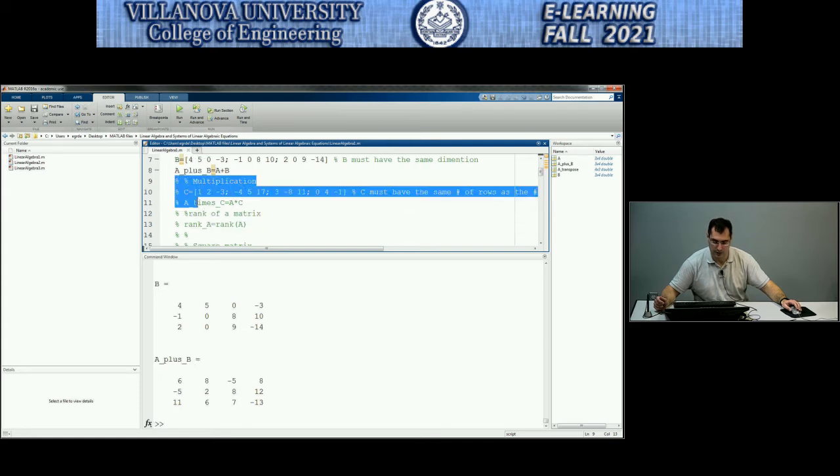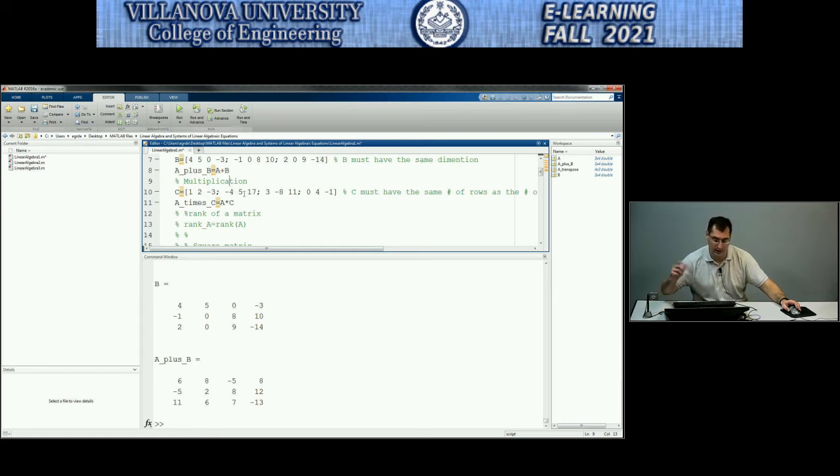Multiplication: if two matrices are of compatible dimensions, and by compatible dimensions, as I said, that means that A has the same number of columns as the number of rows in B. In that case, you can do A times B. Well, in this case, since I already used up the symbol for B, I'm using C. So C would have to have 4 rows, because the number of columns for A is 4, and whatever number of columns. I'm choosing that to be 3 as well.